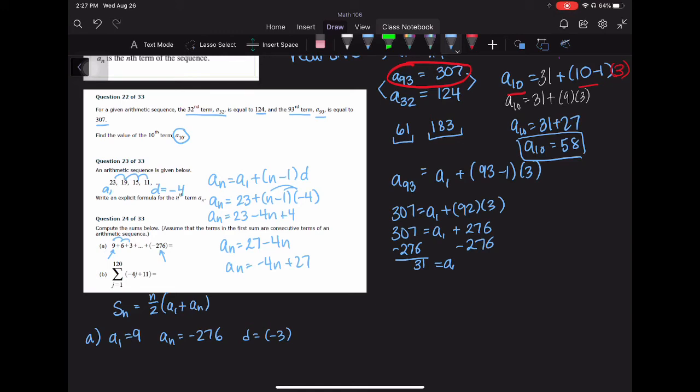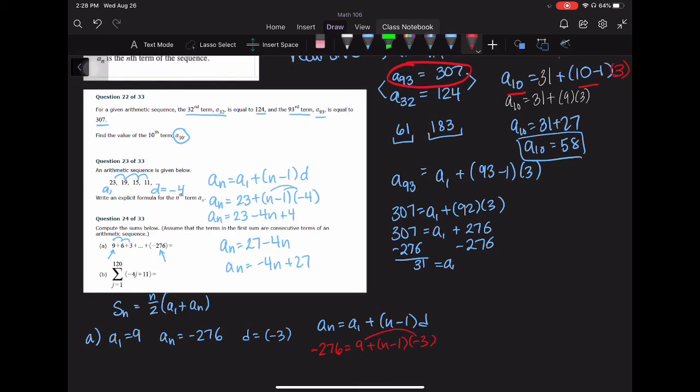I have a sub n equals a sub 1 plus n minus 1 times d. I know the first term, the common difference, and the last term value. I'm going to make this -276 equals 9 plus n minus 1 times a common difference of -3. And then I solve this equation.